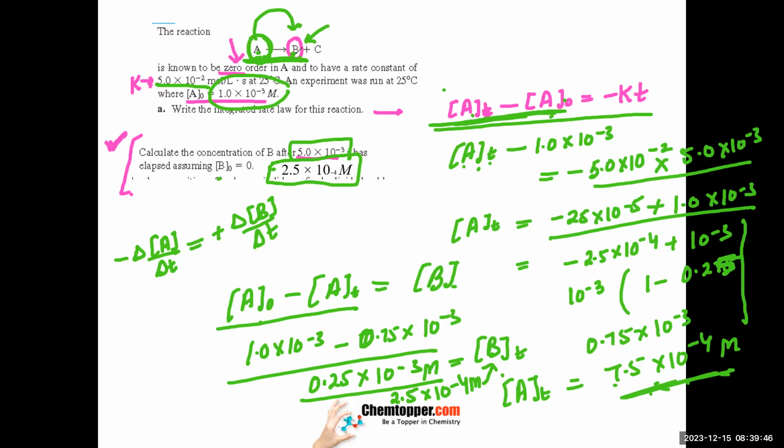Are we getting this method? This is very interesting. Here they are asking for the product, not the reactant. So you have to use your understanding of how much has reacted, how much has disappeared. So exactly the same amount will appear. You calculated the amount disappeared, and from there you worked out the amount appeared in the same time interval.